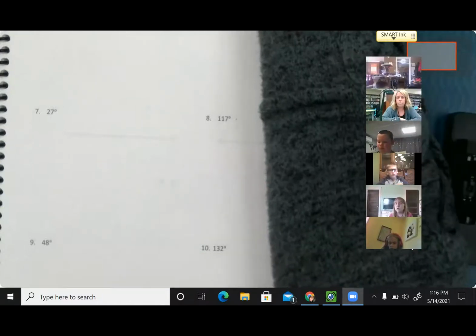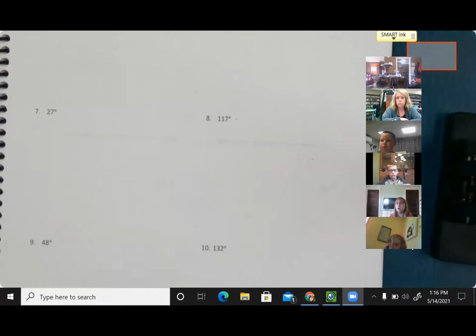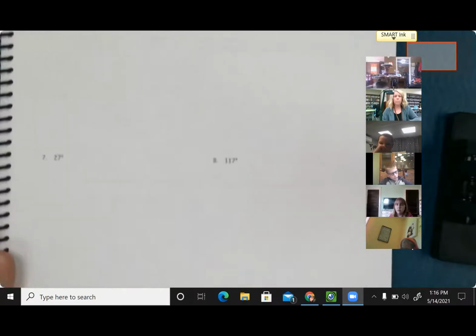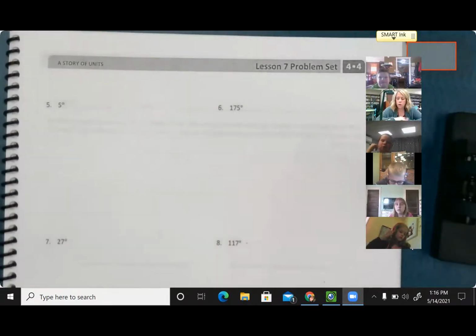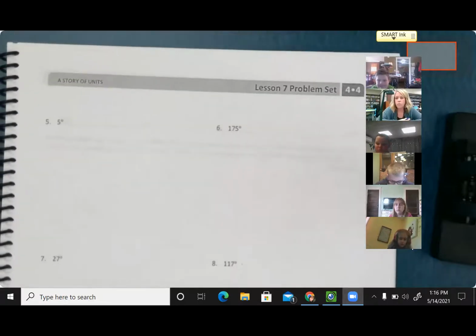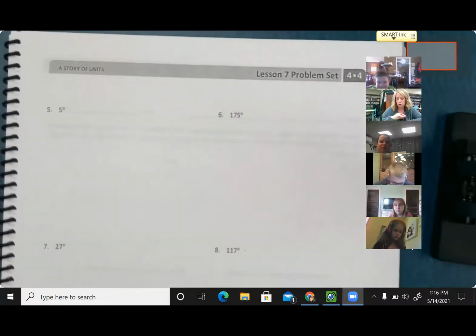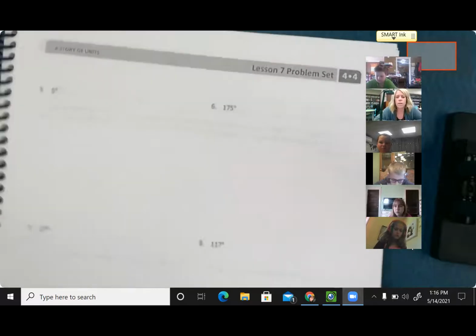Okay, pick a number, 5 through 10. What was that? Pick a number, 5 through 10. 5. All right, we're going to draw a 5-degree angle. So, Soren, have you been drawing these angles? Yes. All right, hold up page 36 so I can see it.